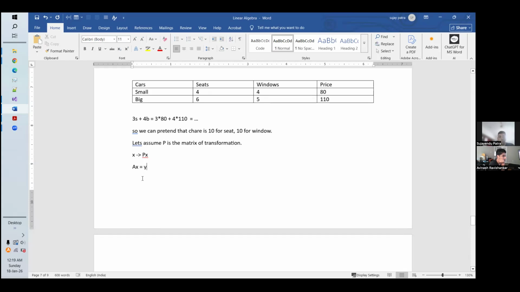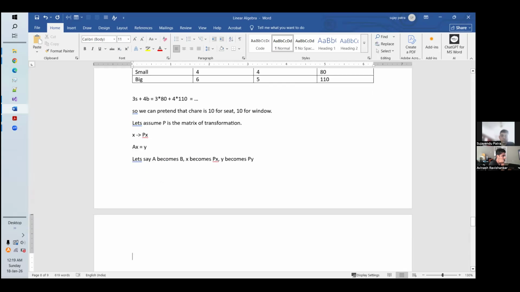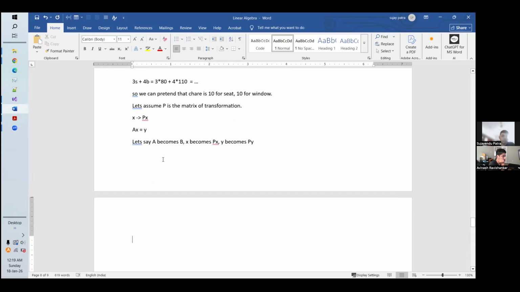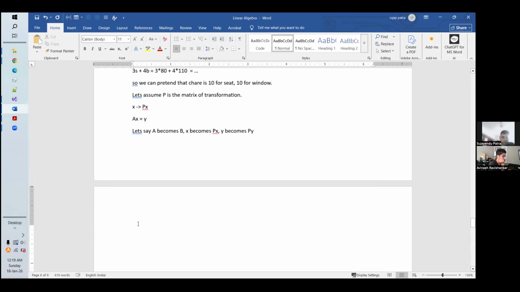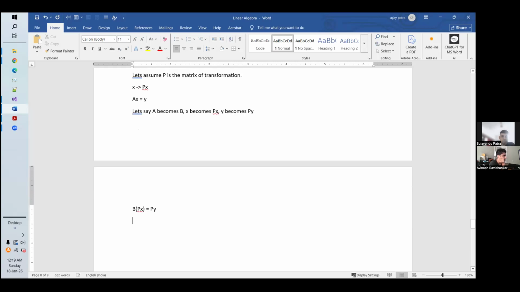So let's say A becomes B, x becomes Px, y becomes Py. So then my equation will become, first I will write A, which is B, times Px equals Py. So we've changed our basis there.